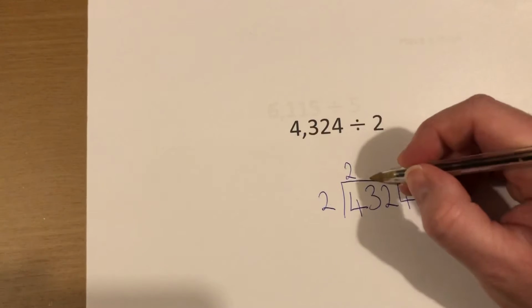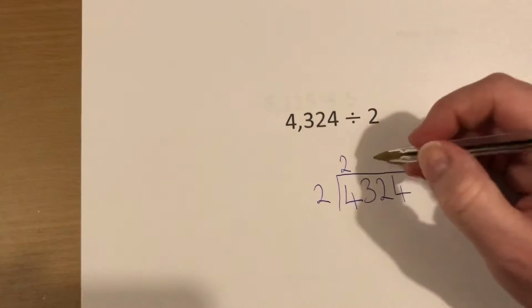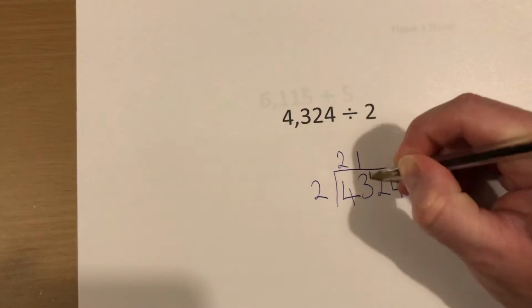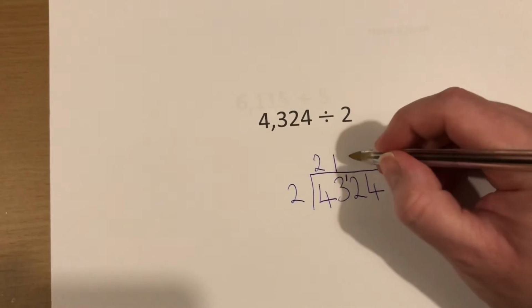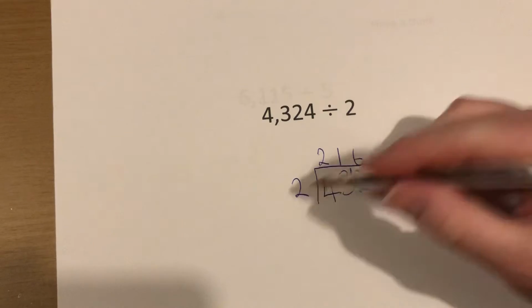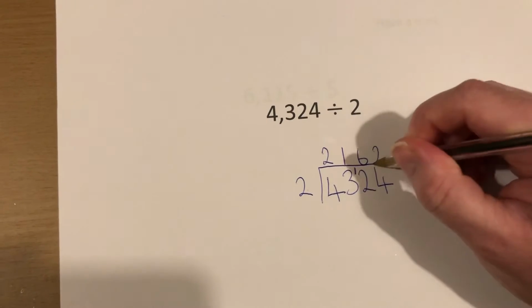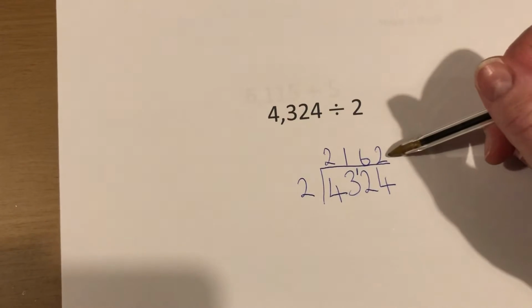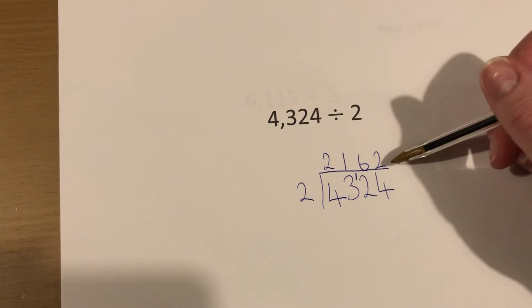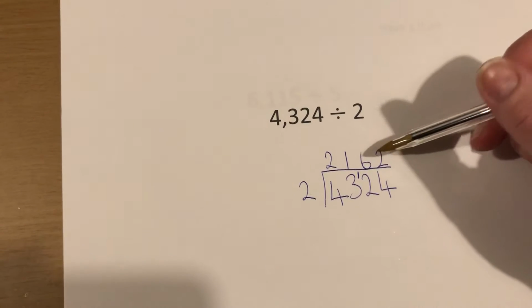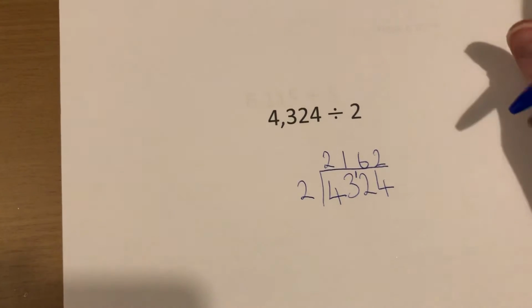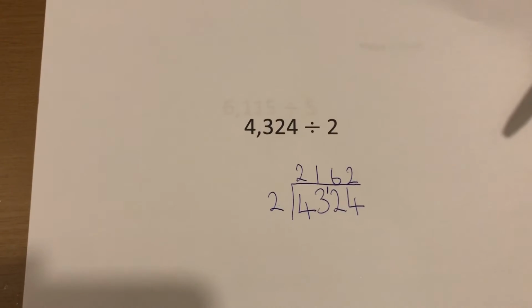Now, how many times does 2 fit into 3? Once, remainder 1. So I'm going to exchange my 1. 12 divided by 2 is 6. And 4 divided by 2 is 2. So my answer, or my quotient, if you want to be really mathematical, is 2,162. Okay, so just day 2, lots more practice.